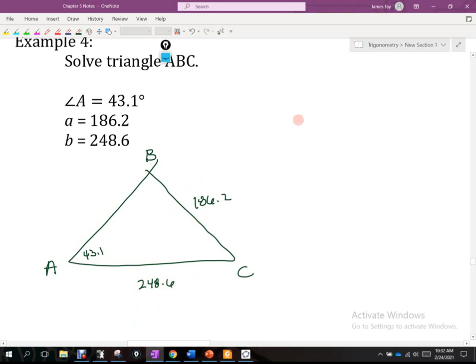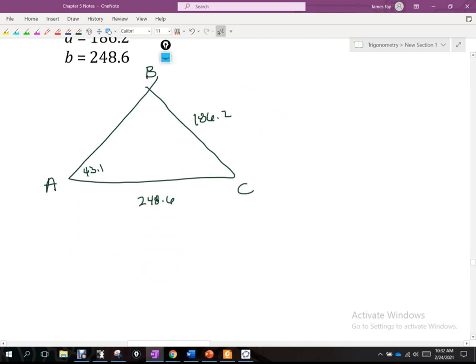So now, if we set up our law of sines, it's going to be the sine of 43.1 over 186.2, sine of B over 248.6. The nice thing about this is algebraically, once you understand how to do one of them, they're all the same.